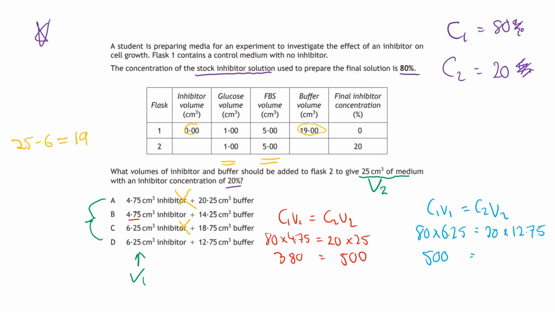Oh no, sorry. I got V2 wrong here. V2 is 25 because it is not this number. It is this number. 20 multiplied by 25 is 500. That is my fault. Sorry. So that is your correct answer there.